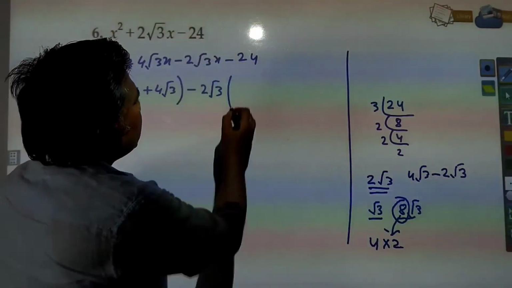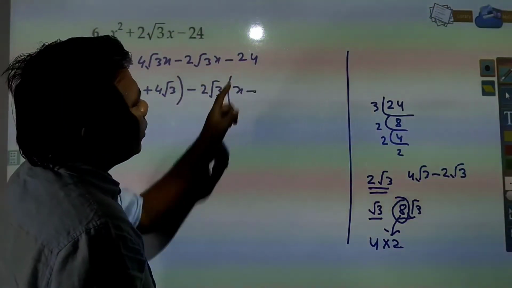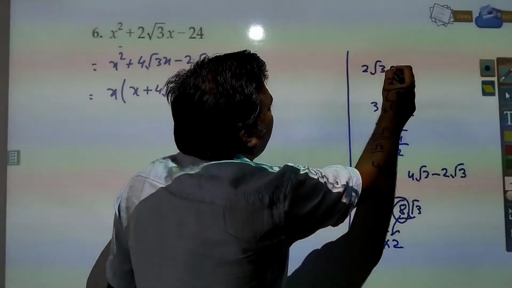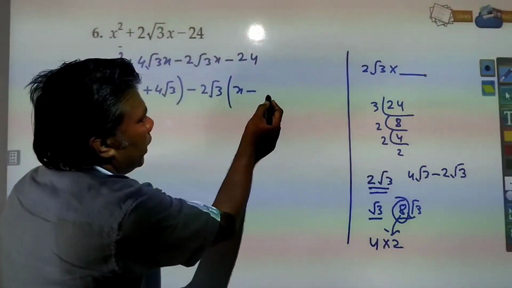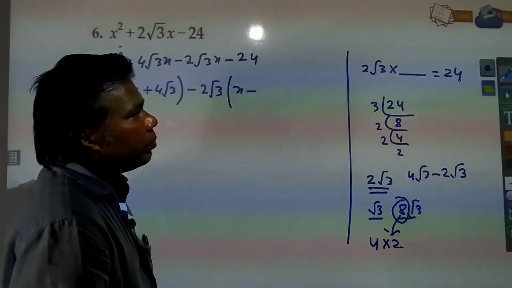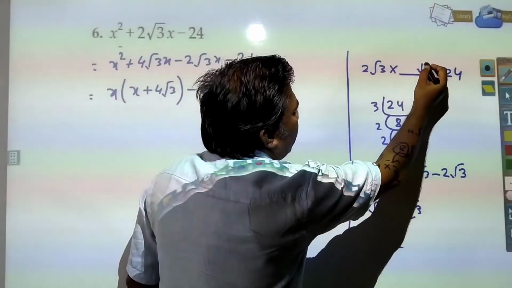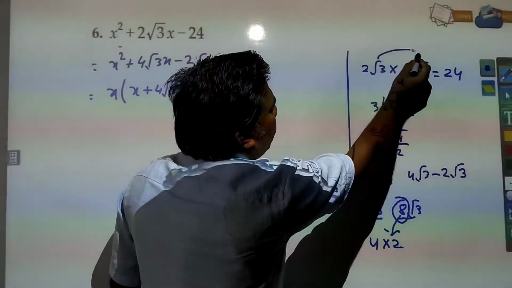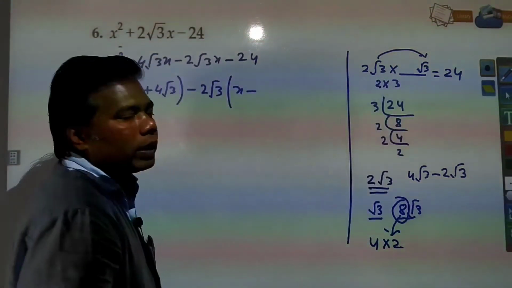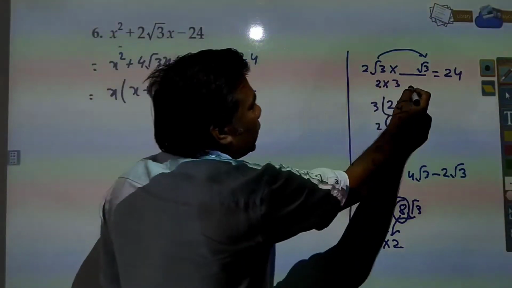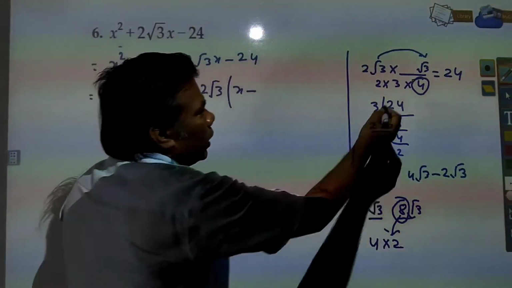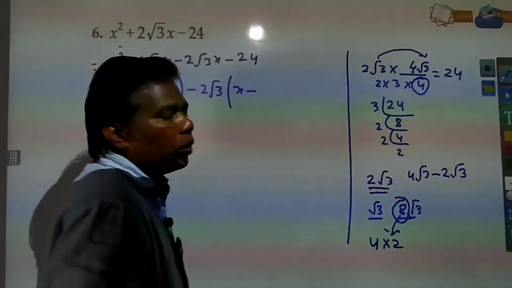Here you will get x minus, 2 root 3 into what number will you be left with so that you will get product 24? So obviously root 3 will be there. Root 3 into root 3 you will get 3. So 3 into 2 you have got, 3 2s are 6, and 6 4s are 24. So here you need to write 4 root 3.